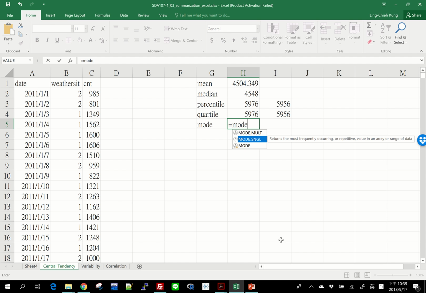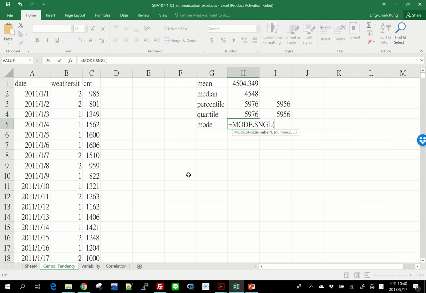The value returned must be a mode, but we cannot find all of them. If we want to find all of them, we use mode.mult. From my personal perspective, this is not a very important thing, so I'm just going to illustrate how to use this second version. I'm going to select a few values.